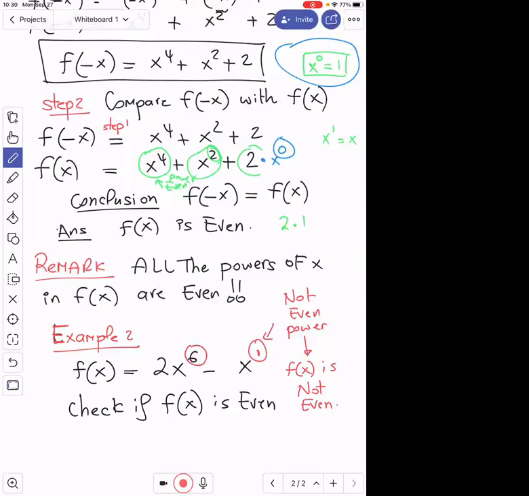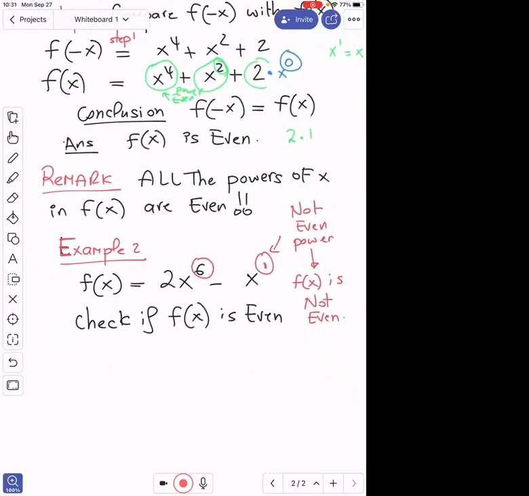Again, what I'm saying is, if not all the powers are even, then the function is not even. If all the powers are even except one, then your function is not even. Anyway, let's check using the definition.